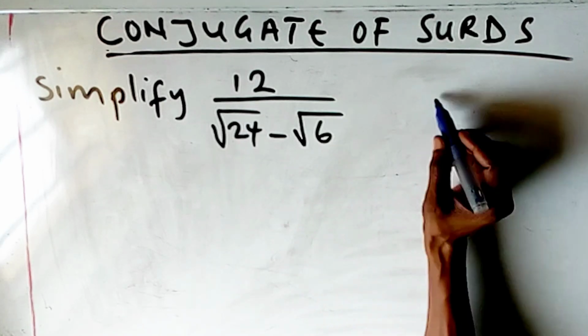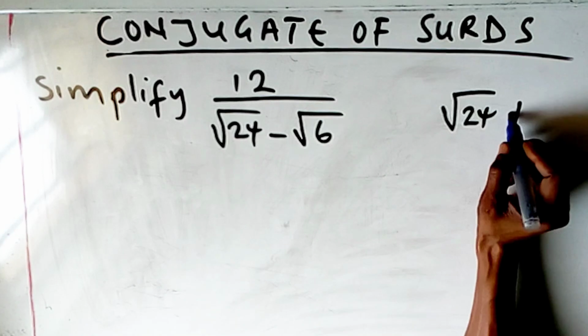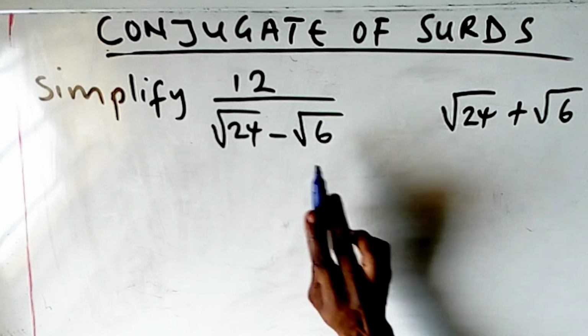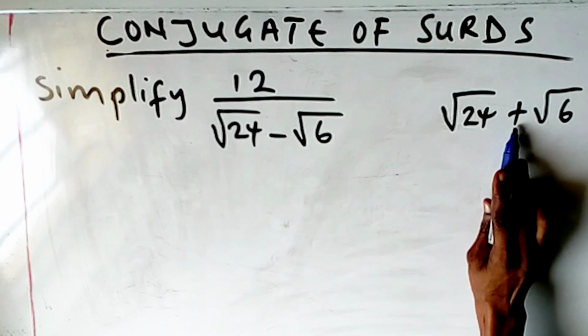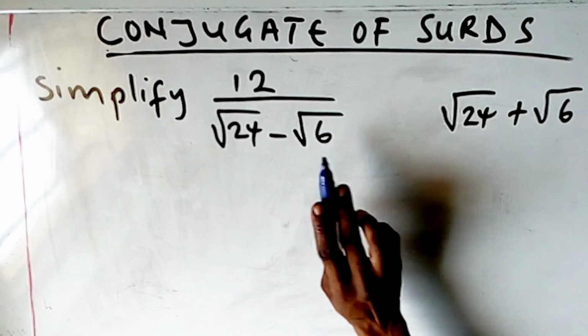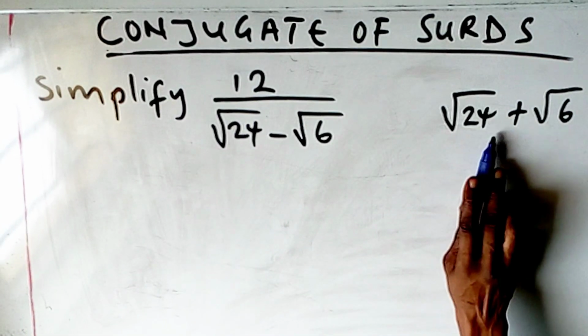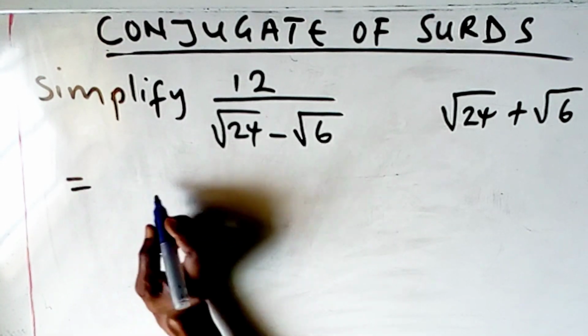So our conjugate is root 24 plus root 6. The conjugate is just like saying the reverse. Once it's negative in the middle, then the conjugate will be positive. So that's why we have root 24 minus root 6. The conjugate will be root 24 plus root 6.